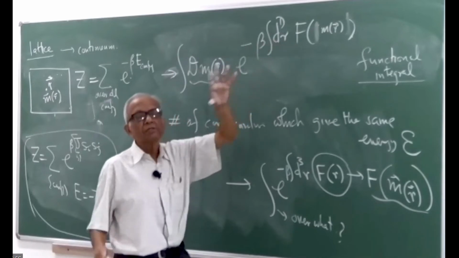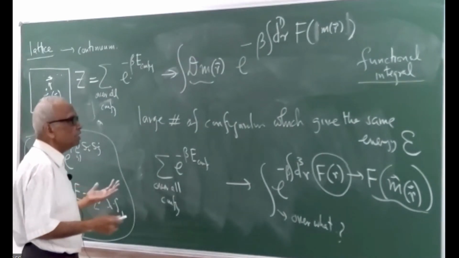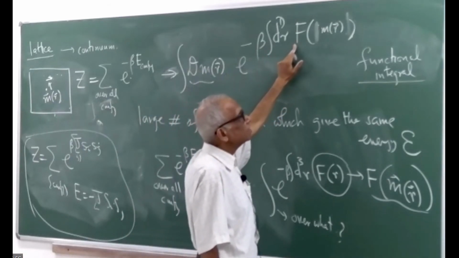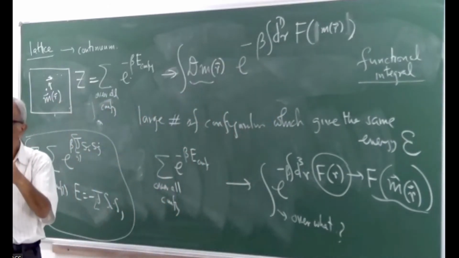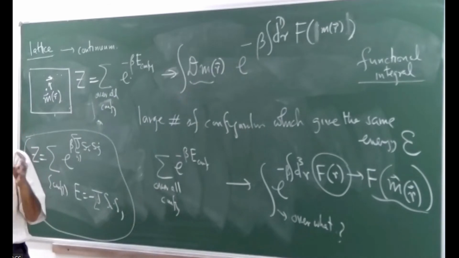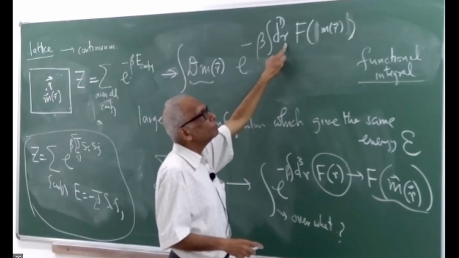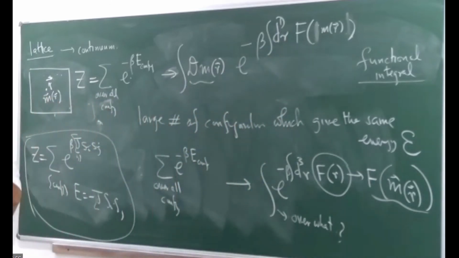The magnetization is a function. For a given function m of r, f of m of r is the local free energy. Then I have to integrate over all space to get the free energy of the whole system for that particular function m of r.